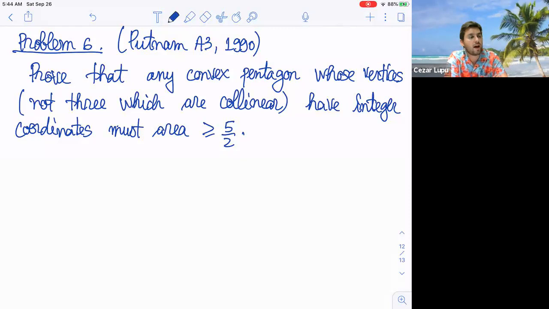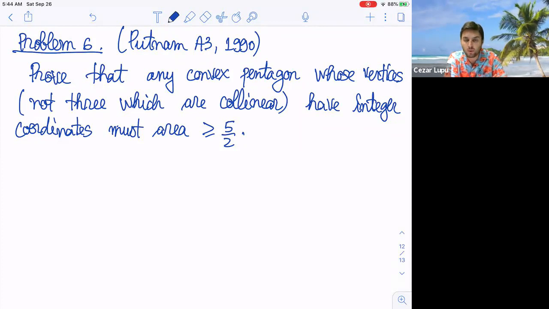And we deduced that the area of a lattice triangle is at least 1/2. Remember, there was a Putnam problem, A3 from 71. If you go back to the geometry lectures, you will see it there, which said exactly this, that the area of a lattice triangle is at least 1/2. So we'd like to use that in this problem.